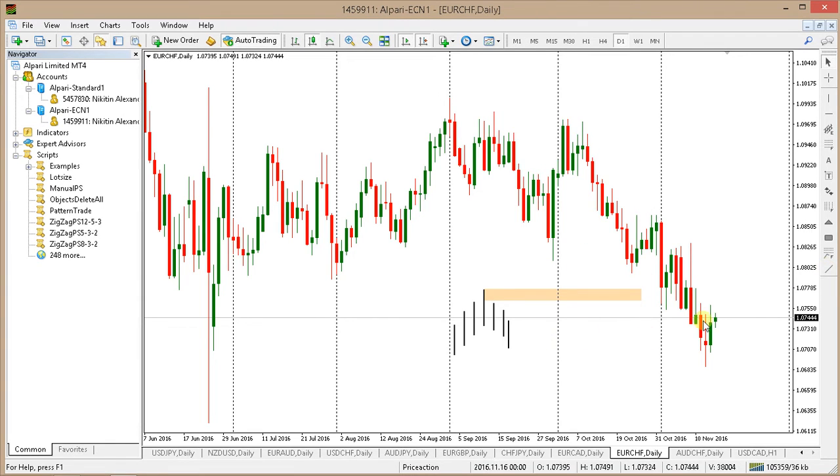As I said in the beginning of this video, I am a programmer, so it isn't difficult for me to write code that will draw those fractals and the rectangles, to do this work automatically.